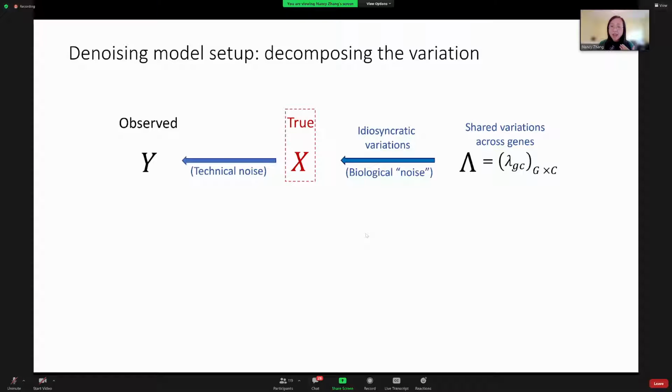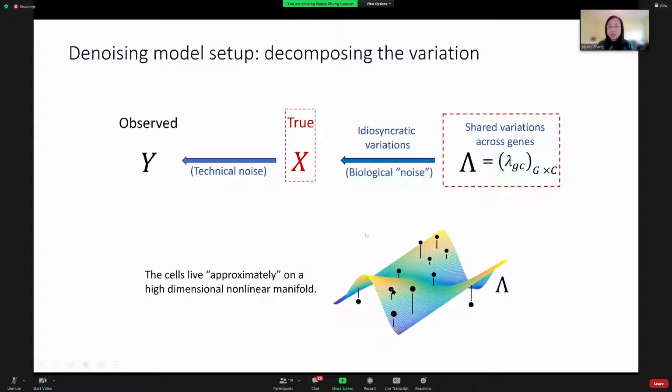And X, because each cell is, what makes a cell, right? The underlying processes, the underlying pathways that are happening in the cell. We would like to capture these coordinated variations across genes that are induced by these pathways and shared processes through this underlying lambda.